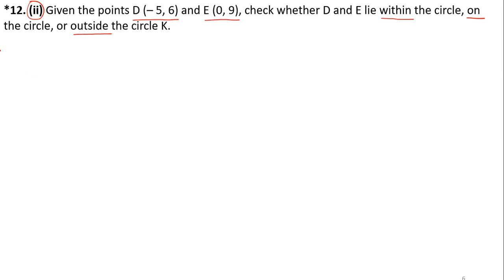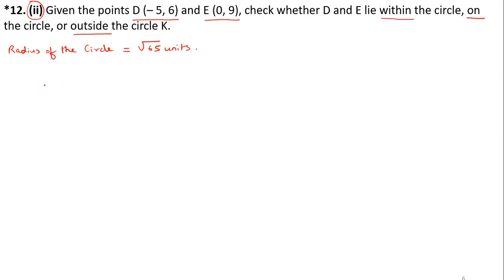So now we'll start with our answer. We will say already in the first sub question we have calculated the radius. So radius of the circle is equal to under root 65 units.